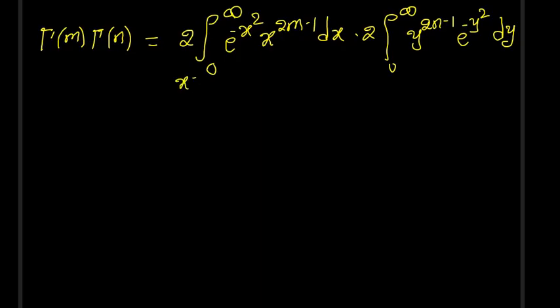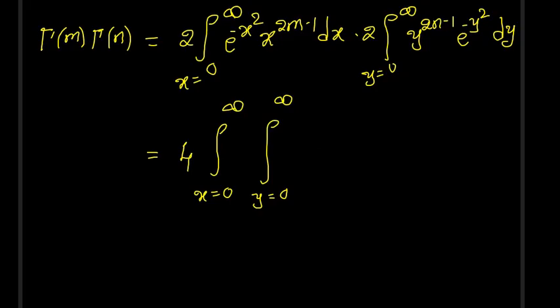So here you can see that the limits are from x equal to 0 and y equal to 0. Now what we will do is write these single integrals as a double integral. It means we are going to combine them. This is 2 times 2, you can see it as 4. Now x goes from 0 to infinity and y goes from 0 to infinity, and this would be e to the power minus x squared and e to the power minus y squared times x to the power of 2m minus 1 and y to the power of 2n minus 1.